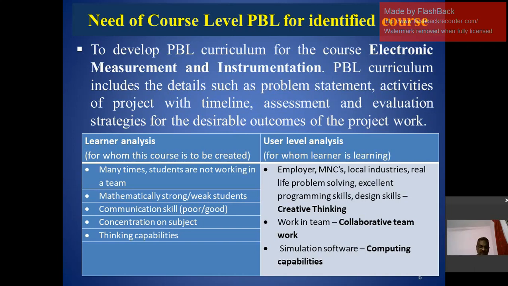So these are the benefits of project-based learning. The main advantage of PBL is that it develops active learning capabilities. Students should remain active always in project-based learning, otherwise they will be lagging in project work. That is to be noted while applying PBL.